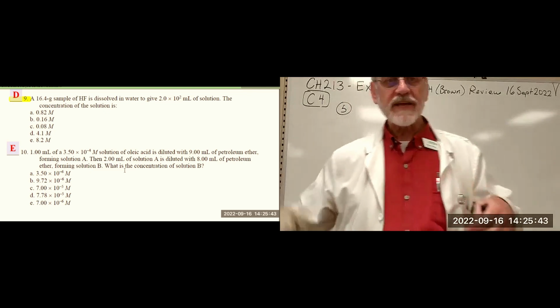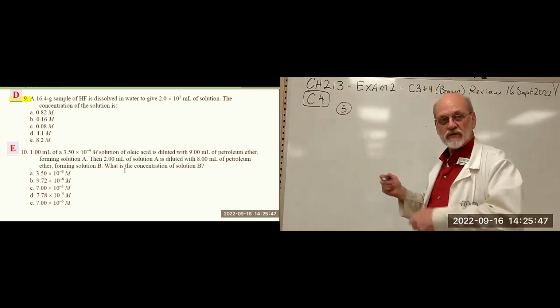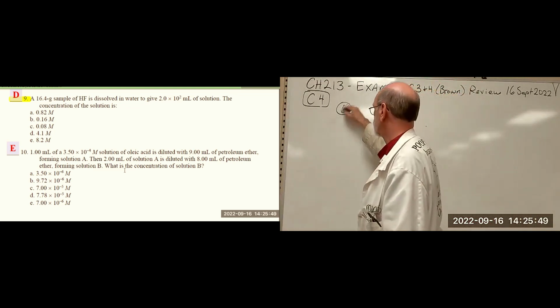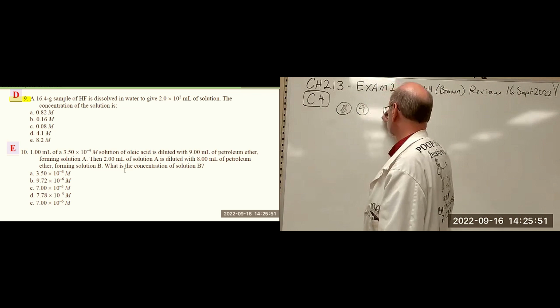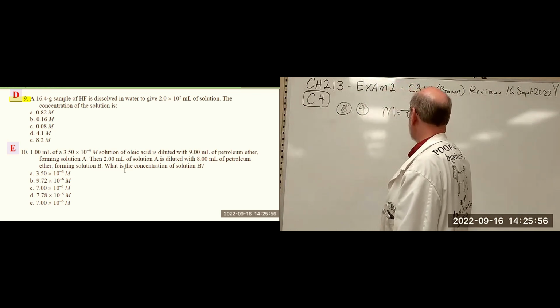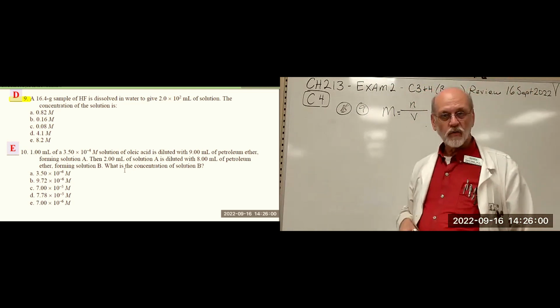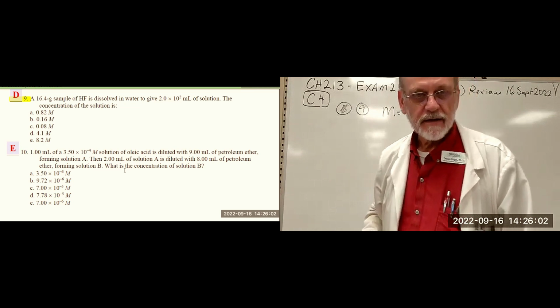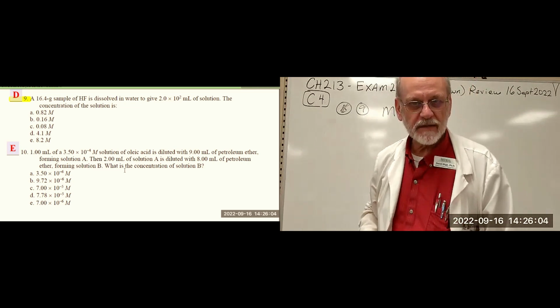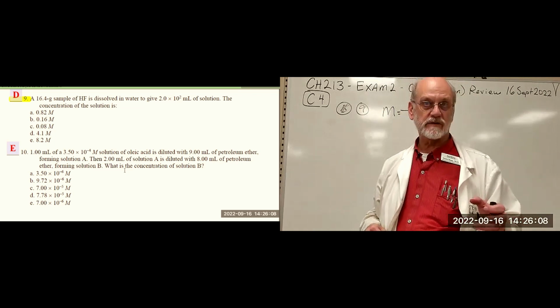Okay, so what is it asking for? What's the molar concentration? So what do you need for the molar concentration of anything? By definition, molarity is moles of the solute per liter of the solution. So we find that it is dissolved in water to give 2 times 10 to the second milliliters.